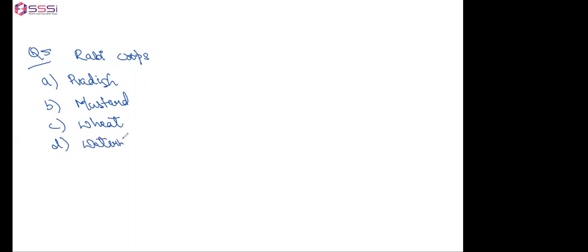First is Swedish, second is mustard, third option is wheat, fourth is watermelon, and fifth is paddy.